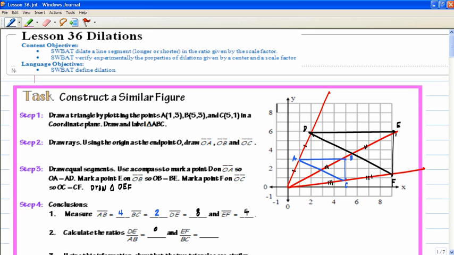So DE is 8, EF is 4, AB is 4, and BC is 2. All of these ratios are going to simplify to the same: 8/4 and 4/2 both simplify to 2.